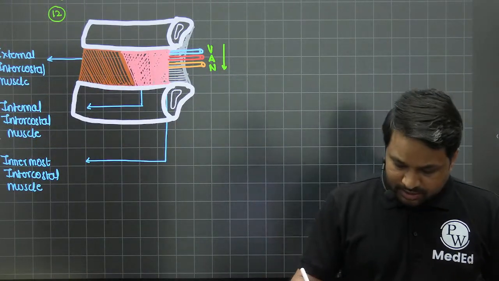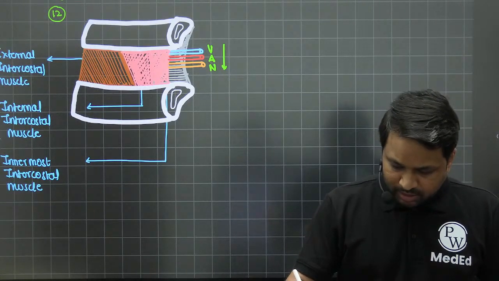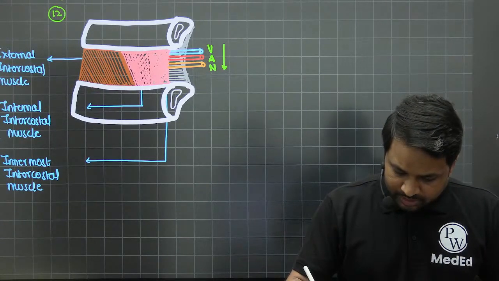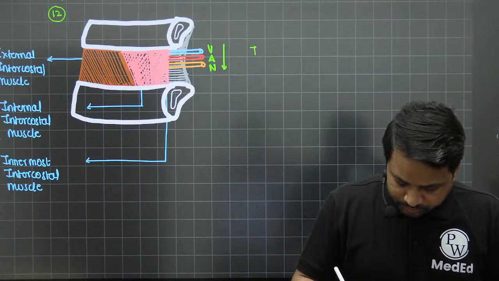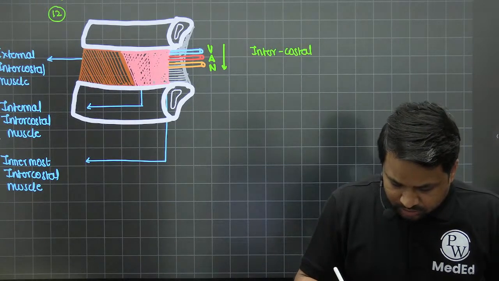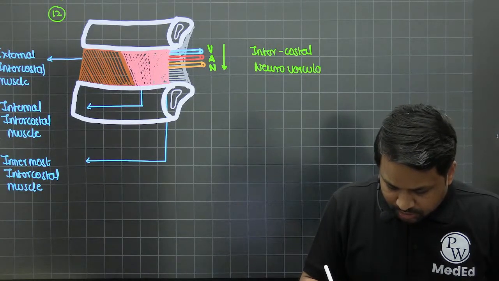This is what we call the intercostal vasculature or the intercostal neurovascular bundle.